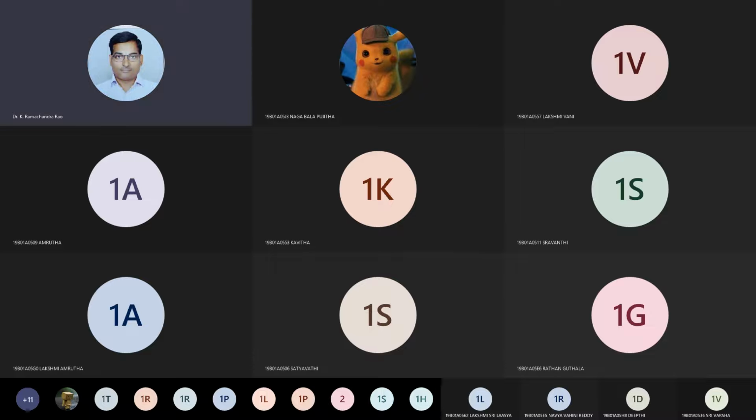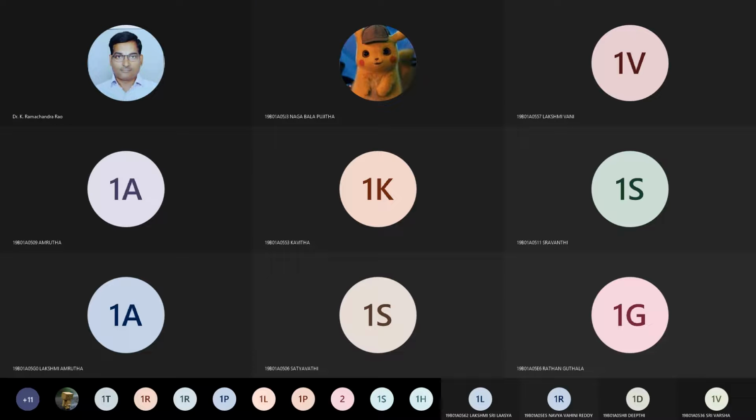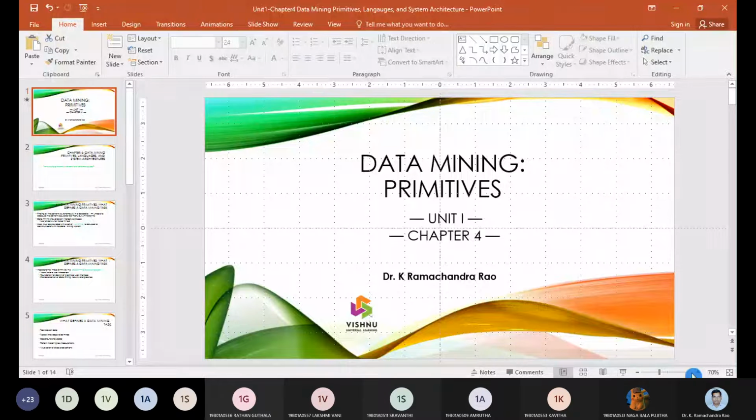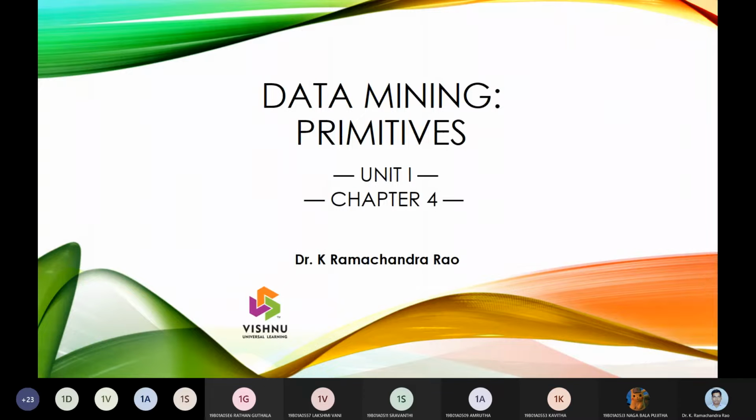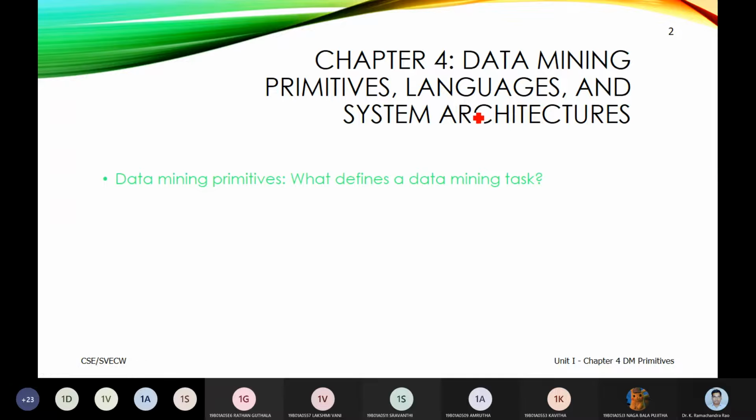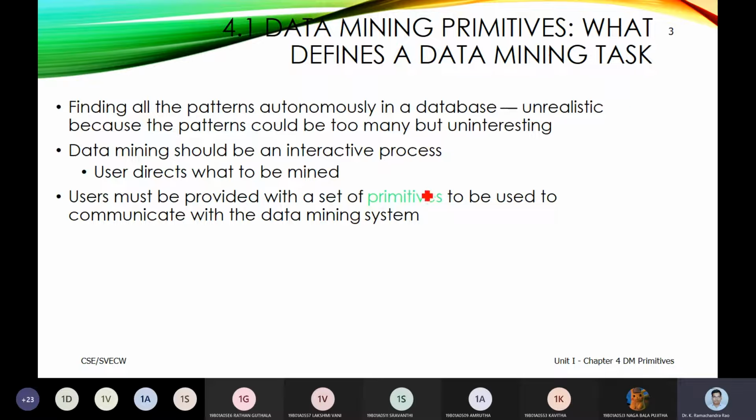The next word we need to take up here was the data mining primitive languages and system architecture.